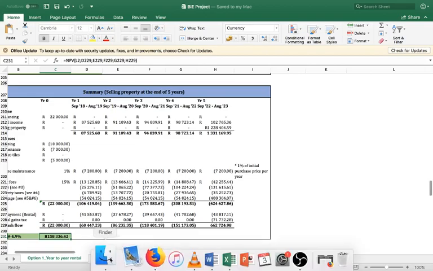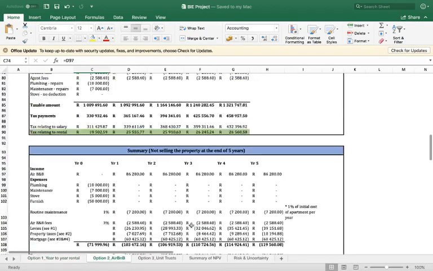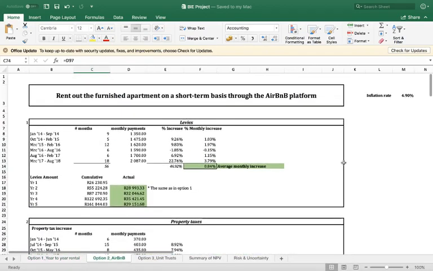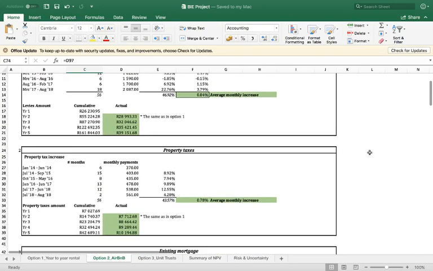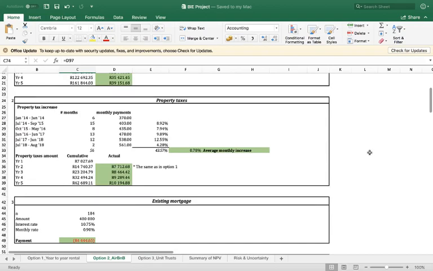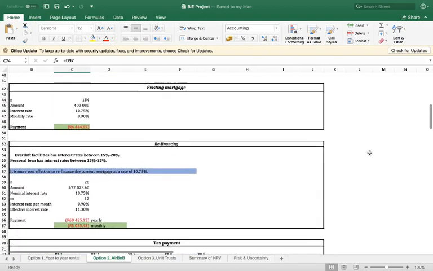The next option to consider is to rent out the furnished apartment on a short-term basis through the Airbnb platform. Many of the calculated expenses are identical to that in option 1, like the levies and property taxes. The first value worth noting is the payment due to refinancing the mortgage.